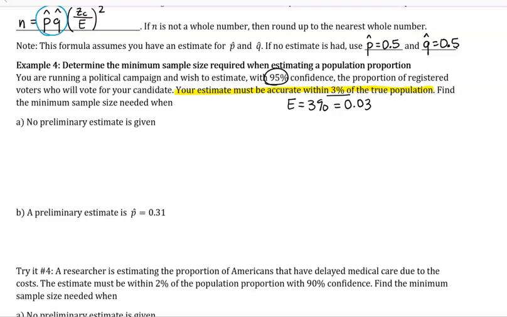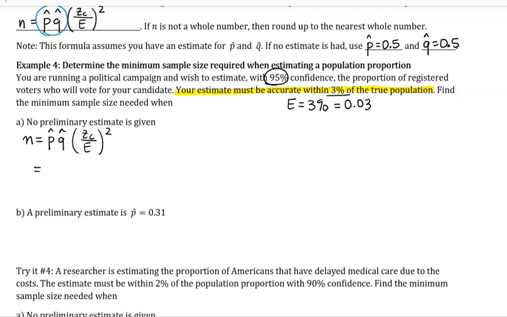We're going to find the minimum sample size needed when first no preliminary estimate is given. So if no preliminary estimate is given, we still use the formula that we have above, that sample size is P hat times Q hat times the critical value Z sub C divided by the error all squared.